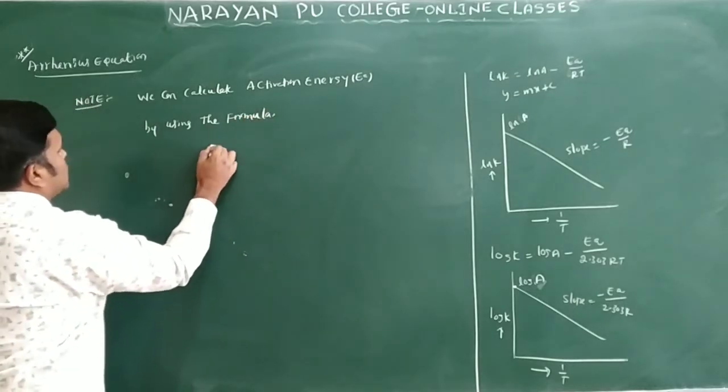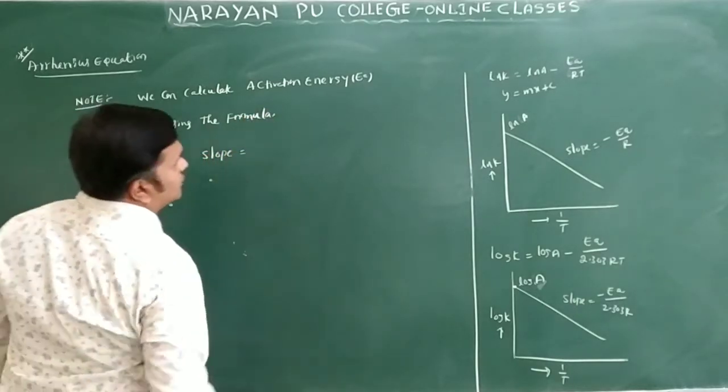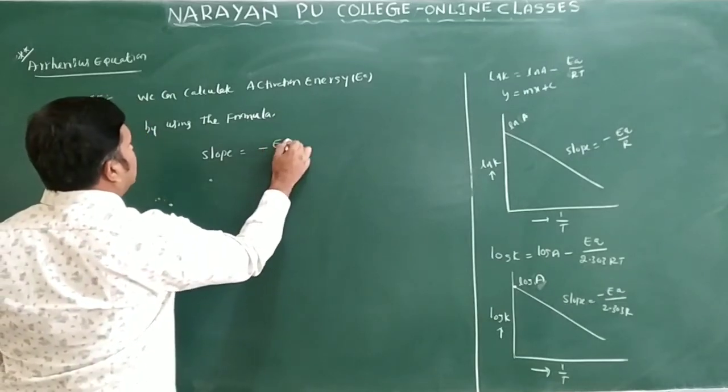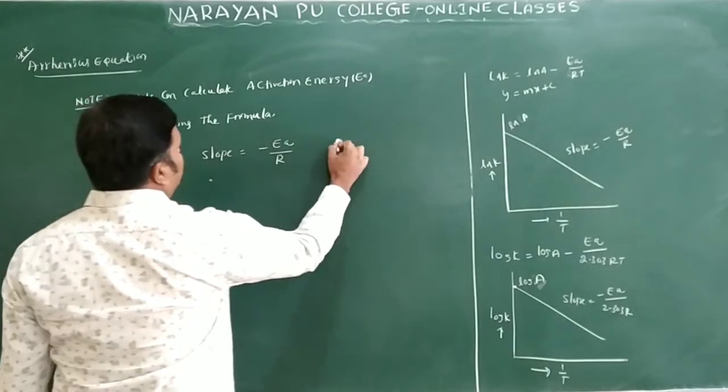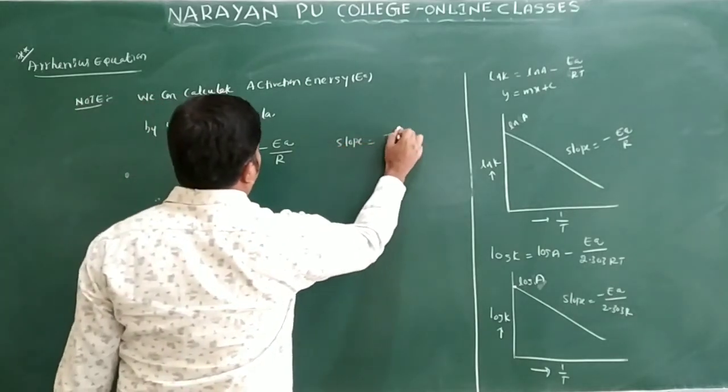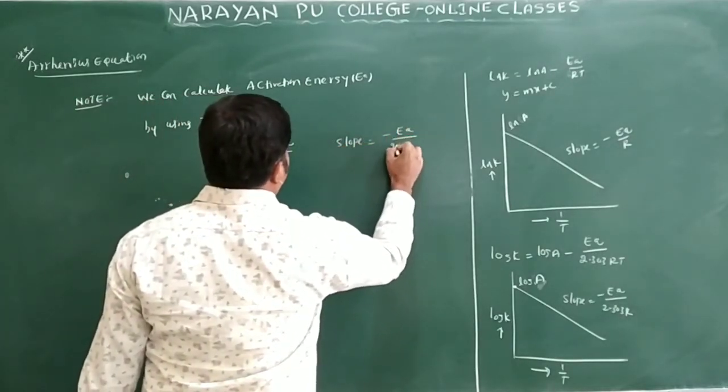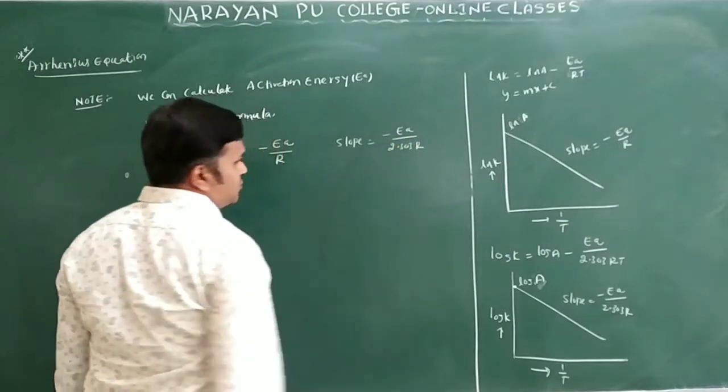Slope is equal to, what is the formula we have? Slope is equal to minus EA by R. Or you will write one more formula, slope is equal to minus EA by 2.303 R.